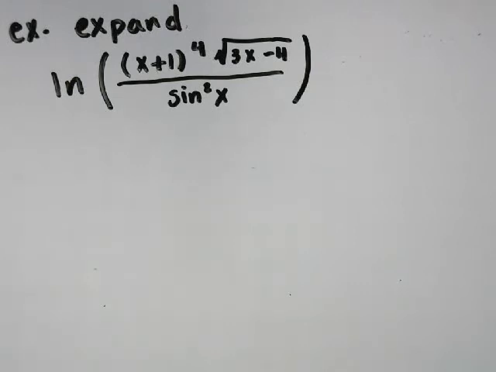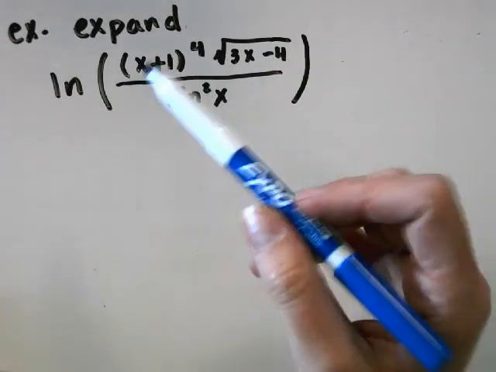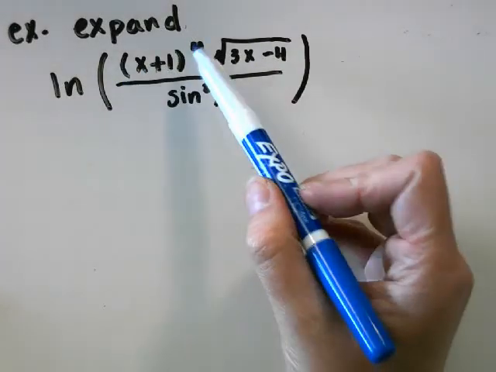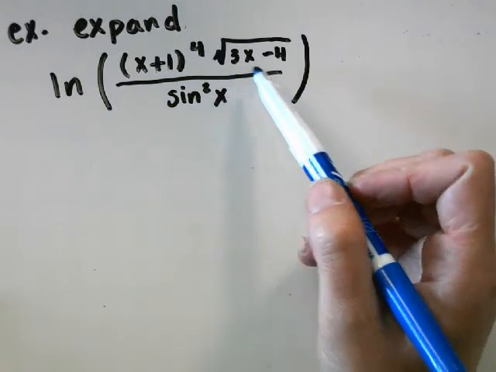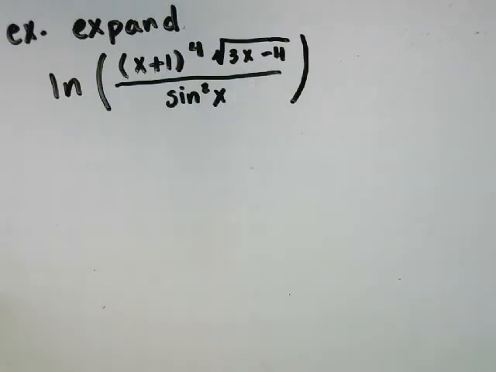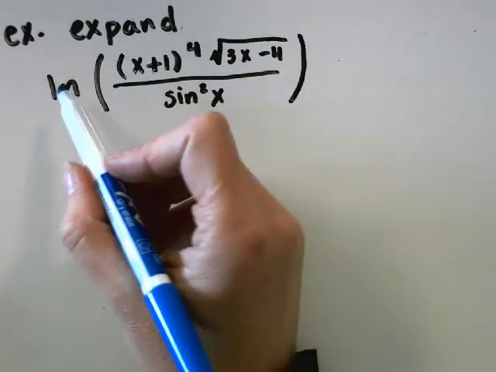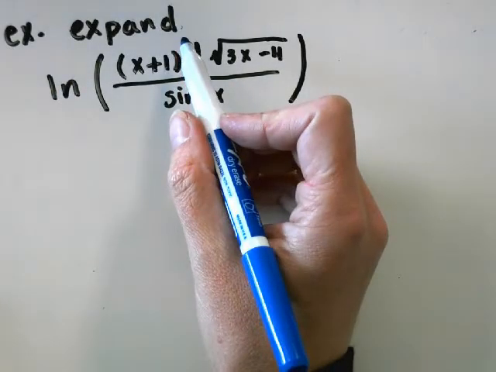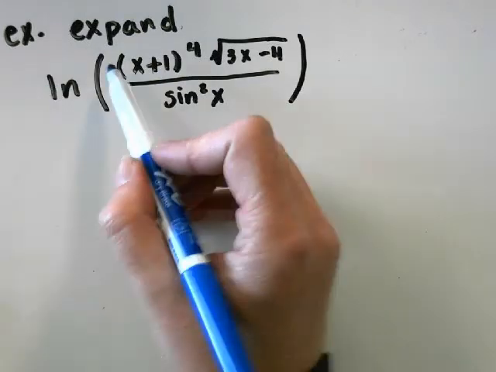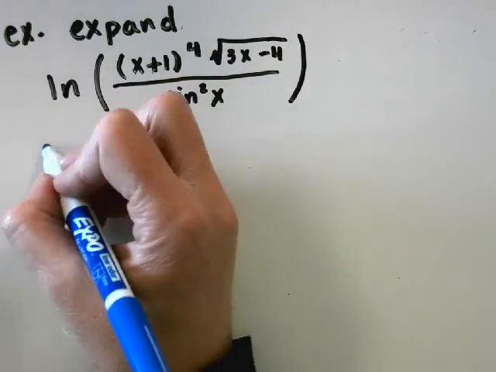Now we're going to use the properties of logarithms to expand this big expression. We have the natural log of x plus 1 to the 4th, the square root of 3x minus 4, all over sine squared x. The first property I'm going to use is the quotient rule, which says the natural log of a quotient is the natural log of the top minus the natural log of the bottom.